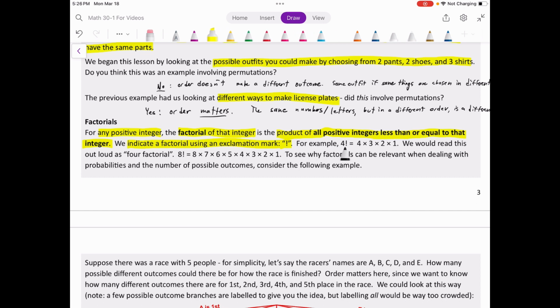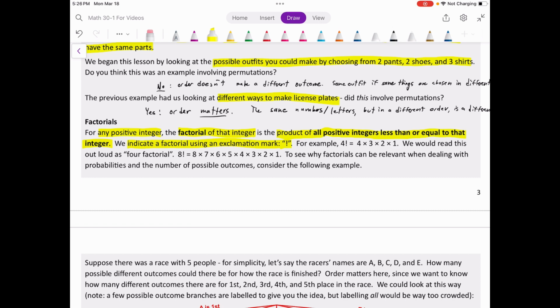But for example, we would say this out loud as 4 factorial. All it means, 4 factorial, is the product of all integers less than or equal to 4. What integers are less than or equal to 4? Well, 4 is equal, and then 3, 2, and 1 are less than it. So 4 factorial is just 4 times 3 times 2 times 1.